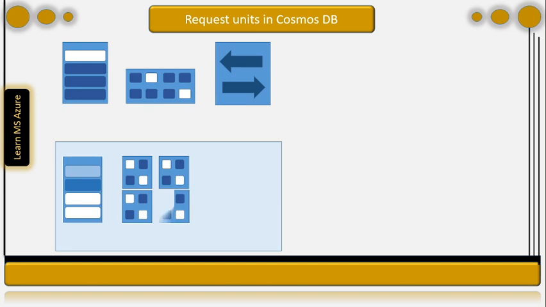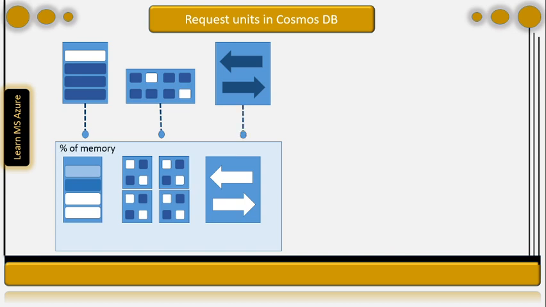You can think of RUs as a performance currency, abstracting details such as CPU, input output per second, and memory that are required to perform the database operations. You can see here that there are resources present for your Cosmos DB, and a percent of them will get used in any kind of database operation.